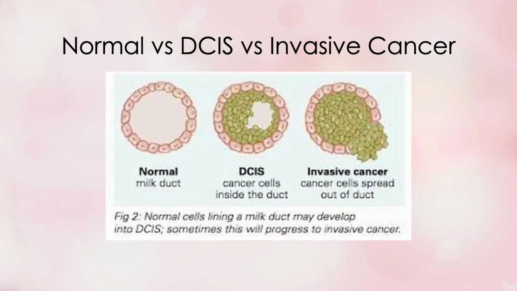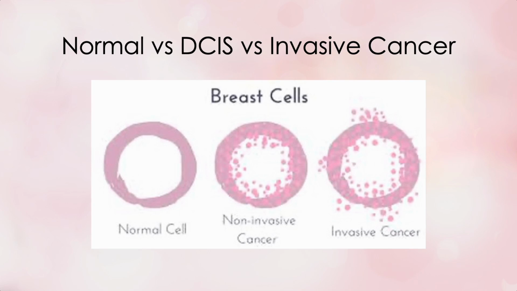And here's the very same thing again, and here's the very same thing again. In all 3 photos, you can clearly see the difference between the mass of cells that are securely inside the wall of the duct compared to the escape of cells outside the duct. That escape constitutes invasion of the surrounding anatomy and turns it into a cancer.